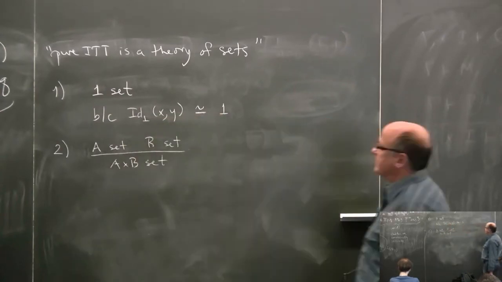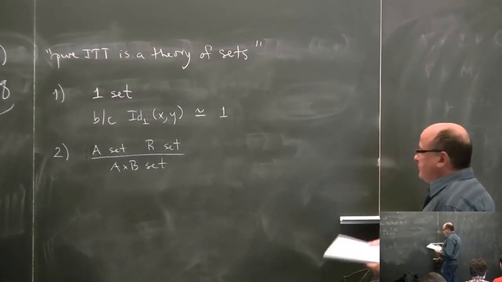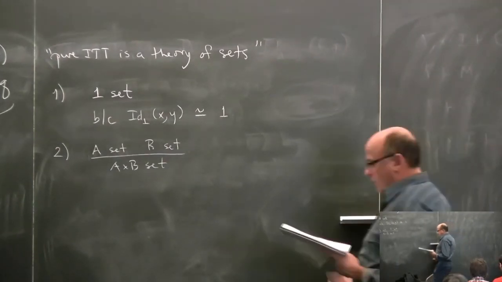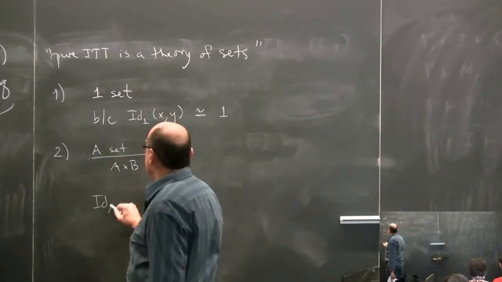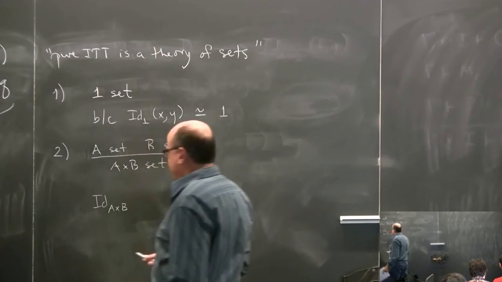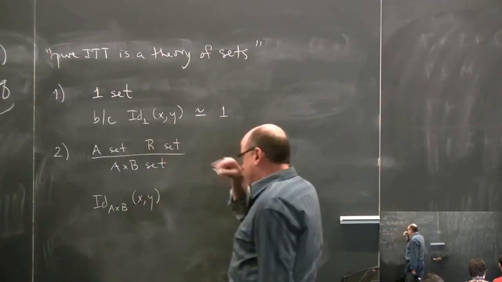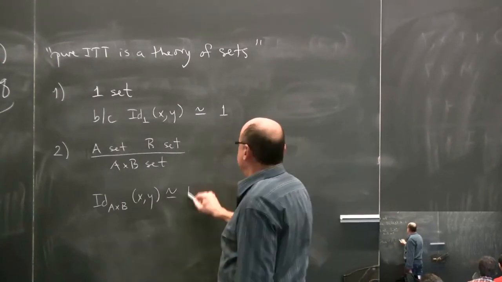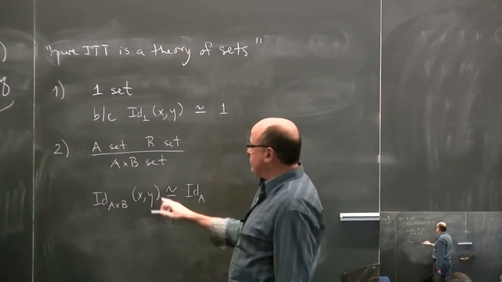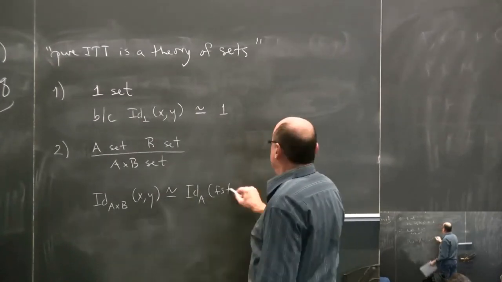I'm going to claim that this is a derivable rule. What happens is we know from previous discussion, if you look at the identity type between x and y in A cross B, we had a previous discussion that said this consists of a path between pairs, which is a pair of paths, okay?